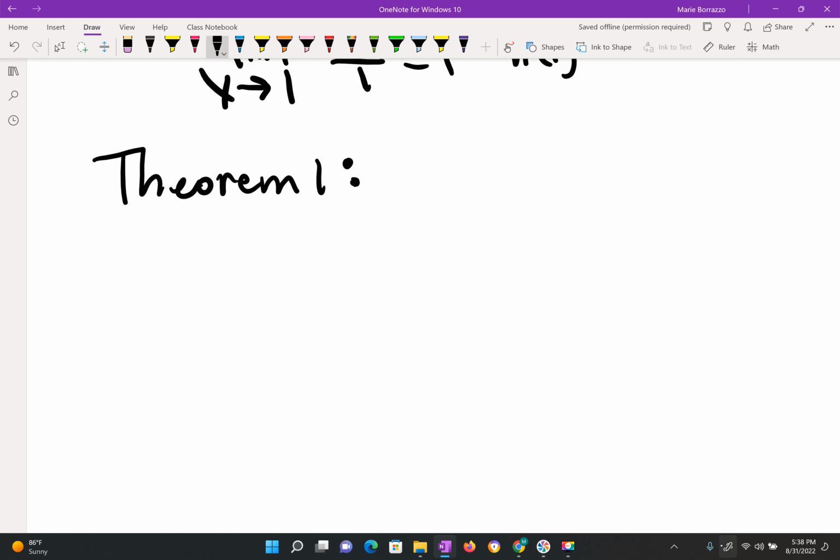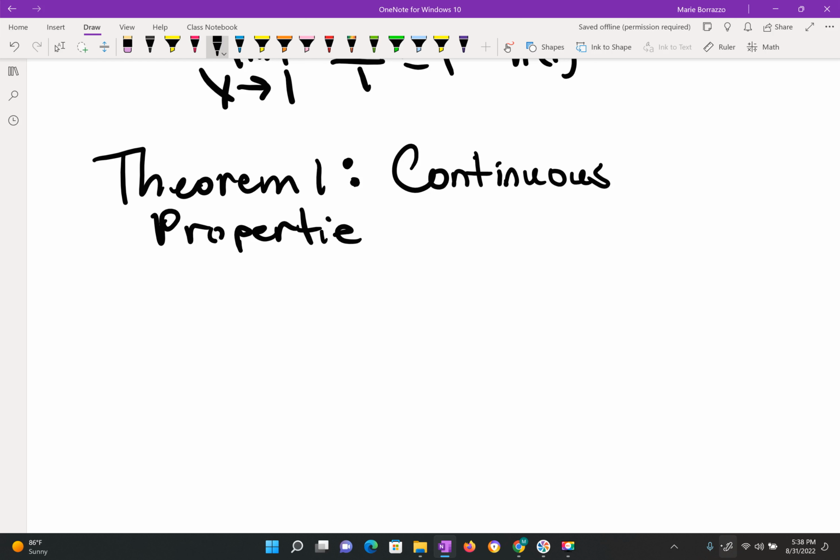And then we'll do some examples following. This is on page 122, 123. These are continuous properties of specific functions.